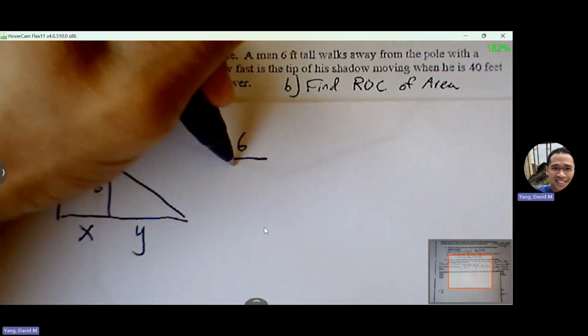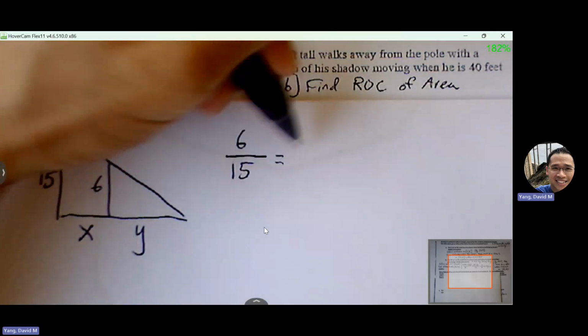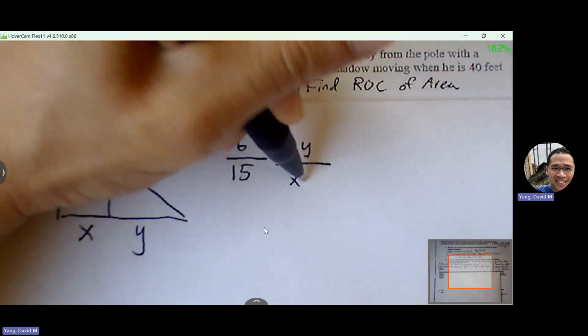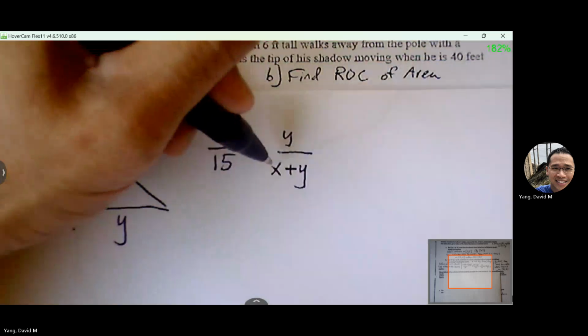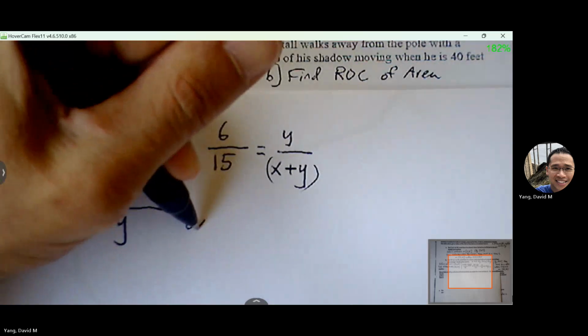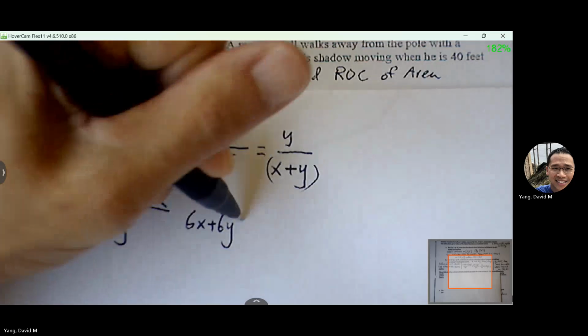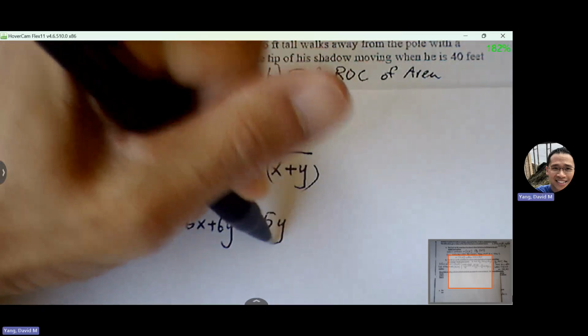Small height is to big height, and small base is to big base. Cross multiply.